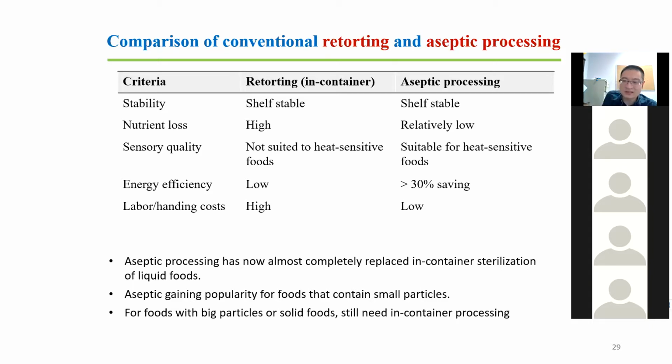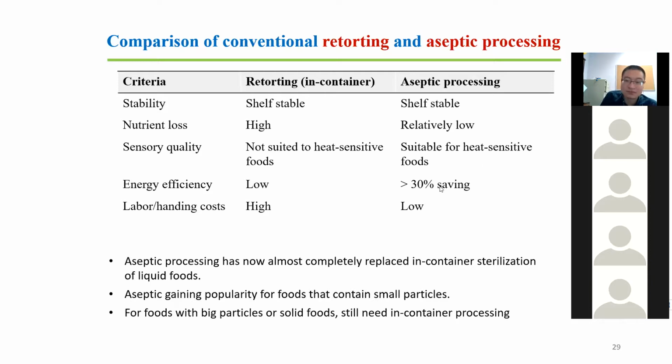I showed you a temperature curve in the pasteurization. The temperature only holds at 100-something degrees C for a couple of seconds and drops down rapidly. That's how the heat exchanger helps with aseptic processing, and we can minimize the nutrition loss. For sensory quality, because of aseptic processing, we very rigorously control the process time, so sensory-wise, it's usually better.